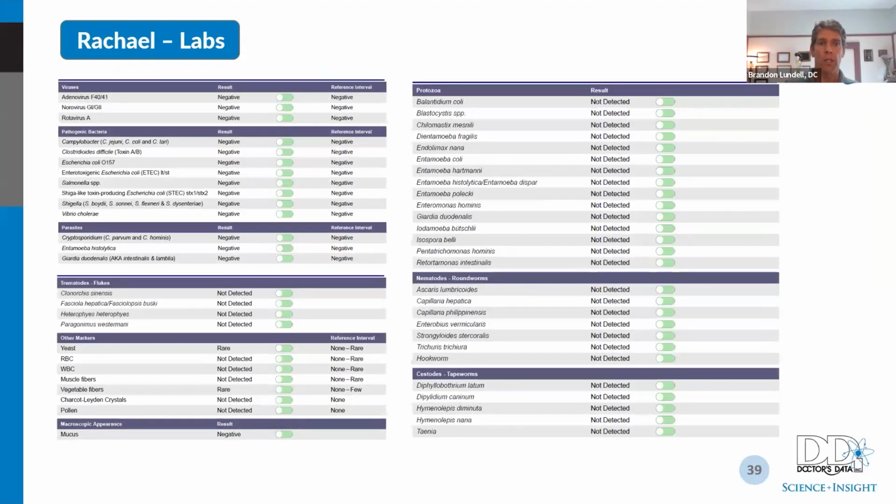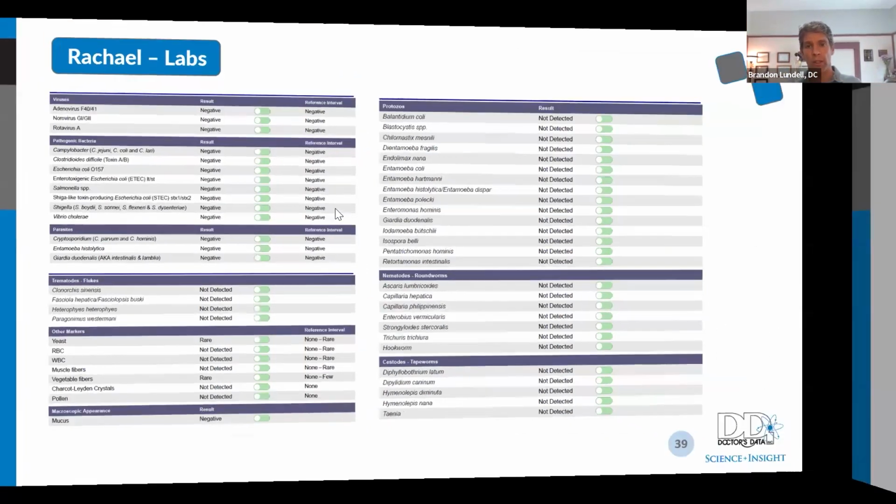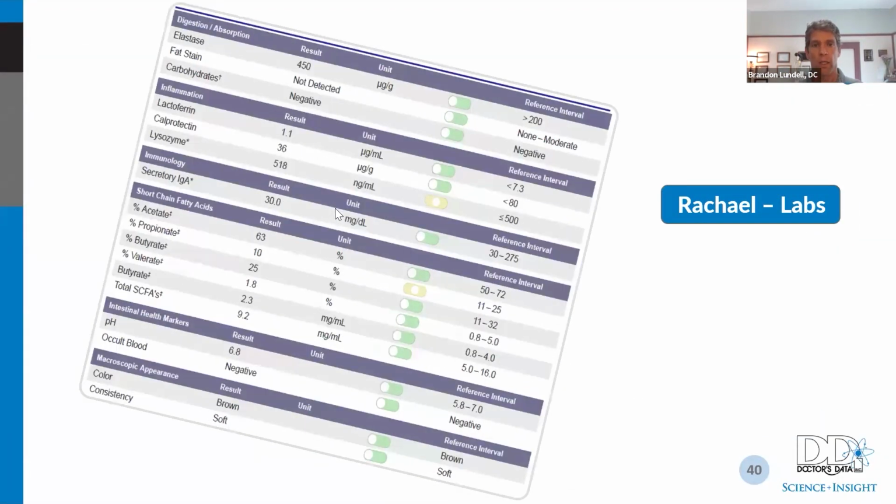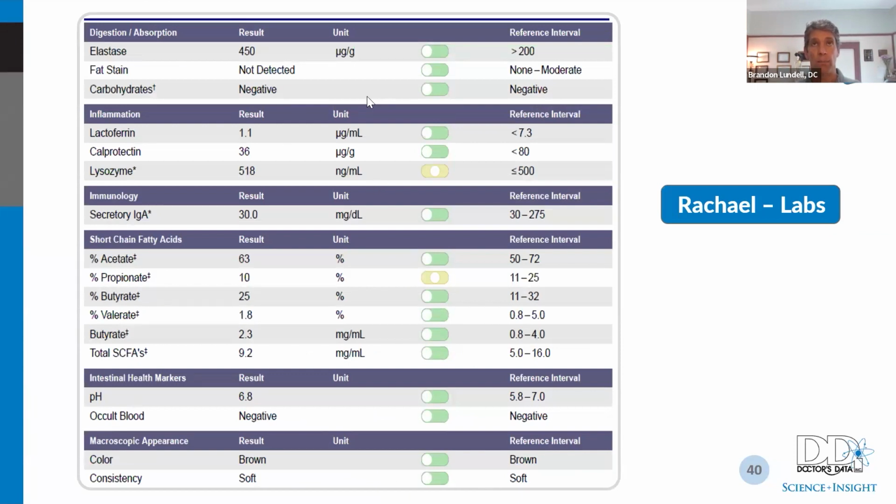So there, she has it clearly. We did a parasitology as well. She doesn't have any parasites, so that's great. But in the stool chemistries here, we see her lysozyme is elevated, so that's telling you there is inflammation in the gut, and her short chain fatty acid balance is off. She may be producing enough short chain fatty acids, although I like to see it above a 12, even a 14.